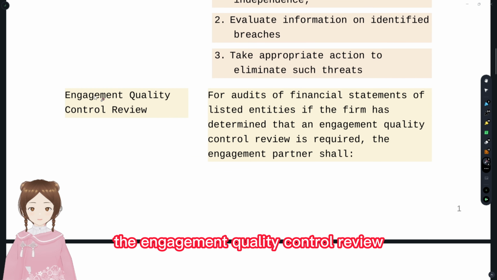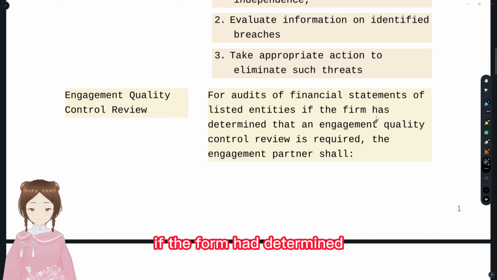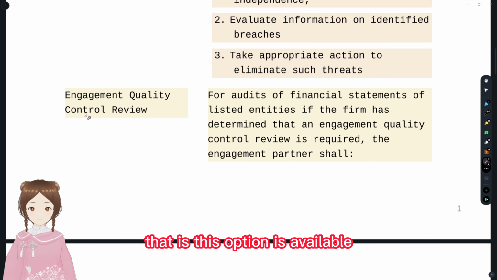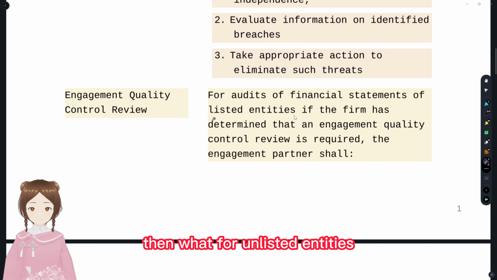Now, while talking about the engagement quality control review, for audits of financial statements of listed entities, if the firm has determined that an engagement quality control review is required, this option is available when we audit the financial statements of listed entities. Then what about unlisted entities? There comes peer review, right?